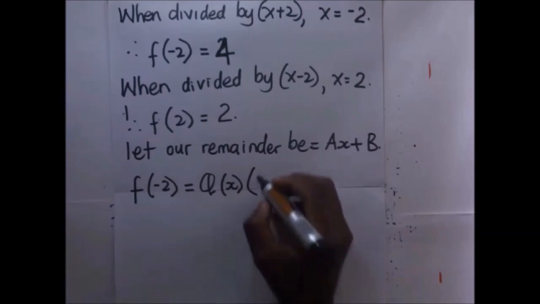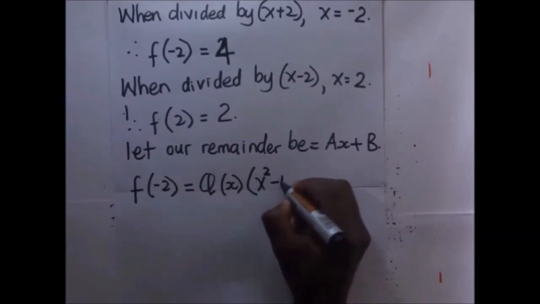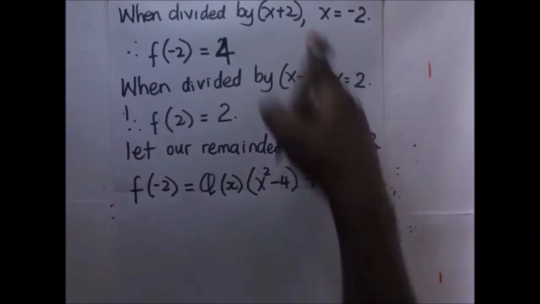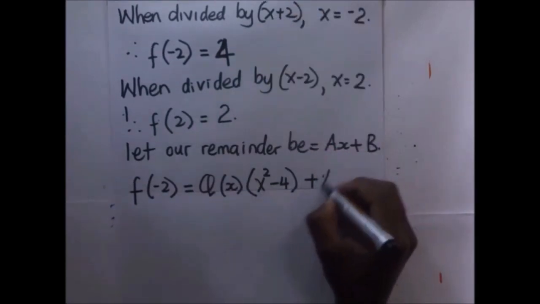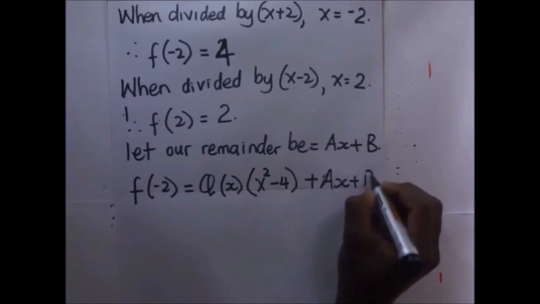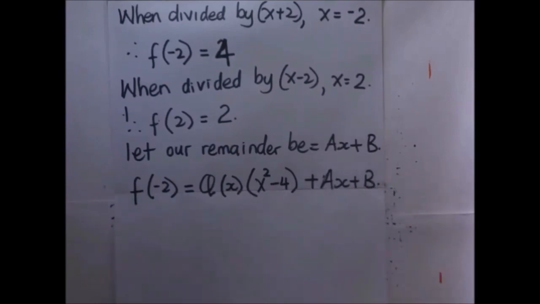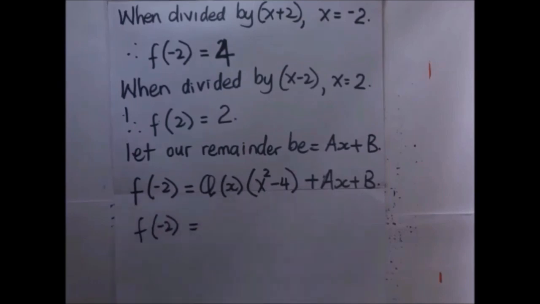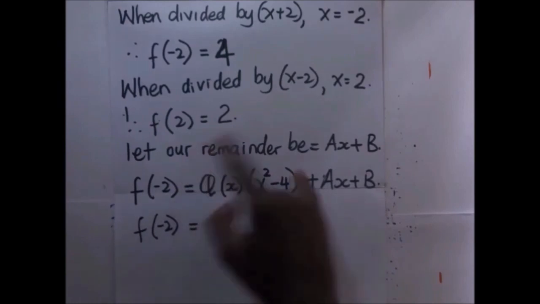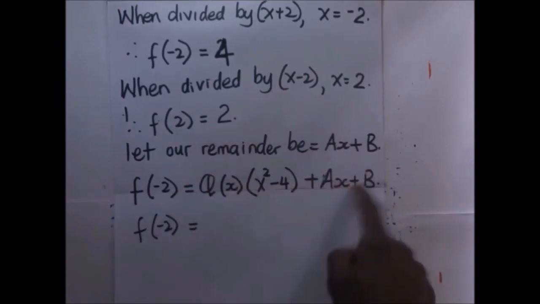So it is the quotient multiplied by x squared minus 4, plus our remainder, which in this case is ax plus b, what we are looking for. So we start substituting. When x is negative 2, negative 2 squared is going to be 4. 4 minus 4 is going to be 0, so this whole term is going to die and we remain with negative 2a plus b.